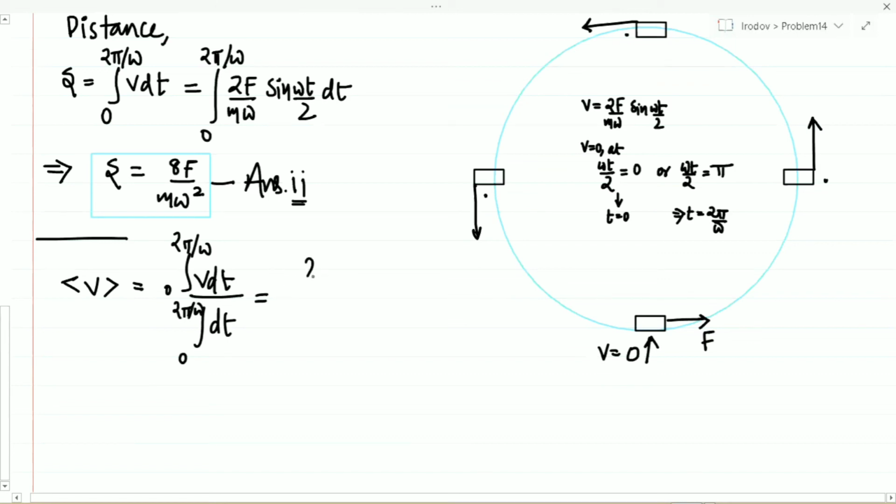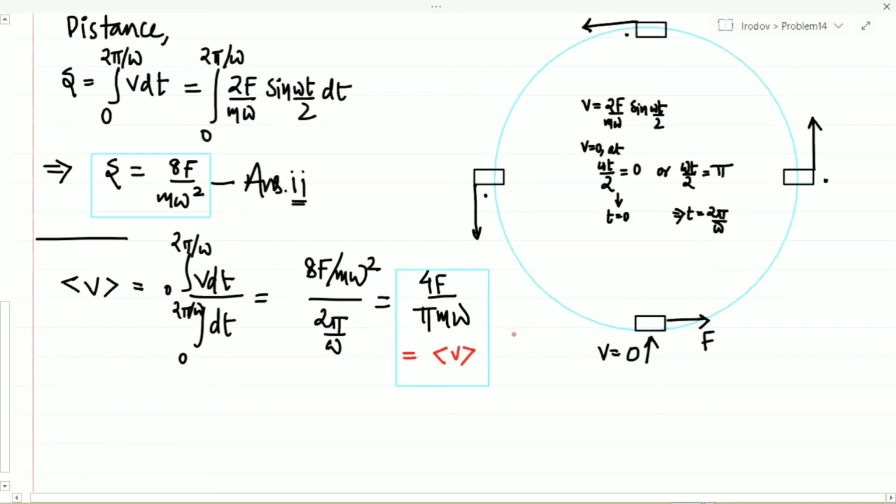This comes out to be 8F divided by m omega square, and this comes out to be 2 pi by omega, which can be reduced to 4F divided by pi m omega. So we have also got the value of mean velocity.